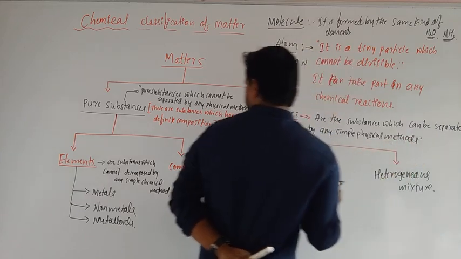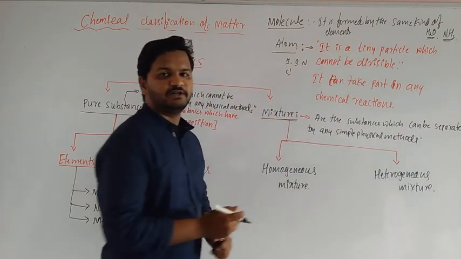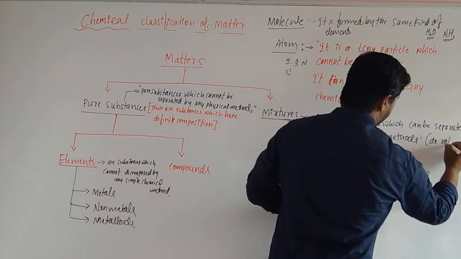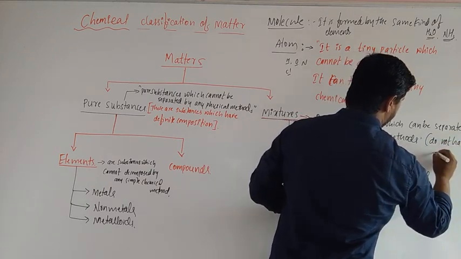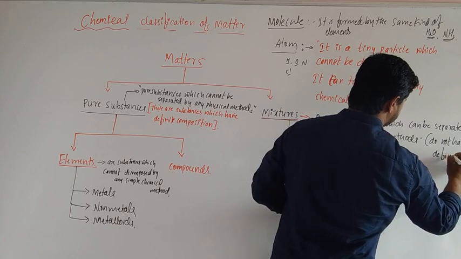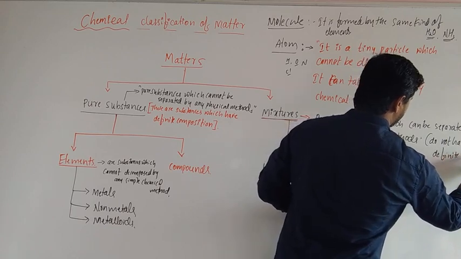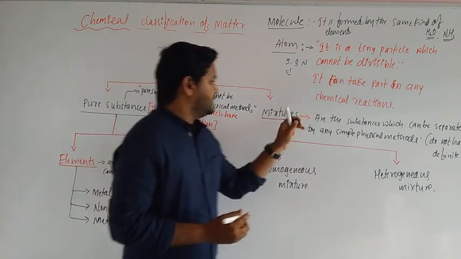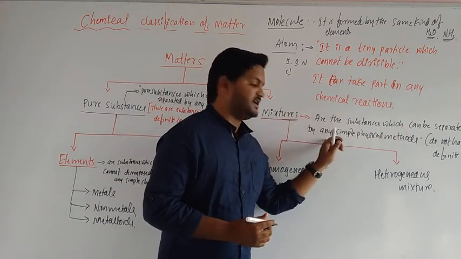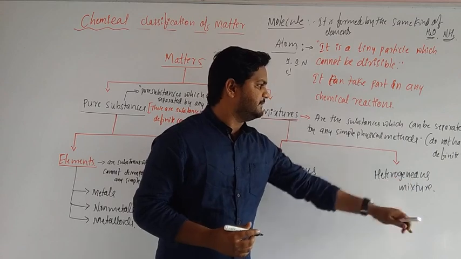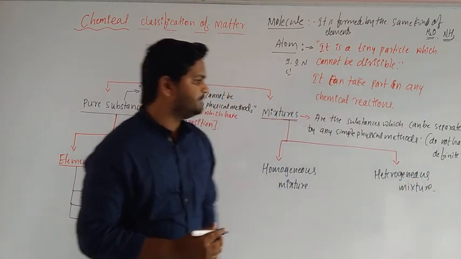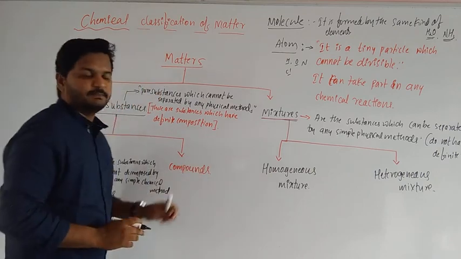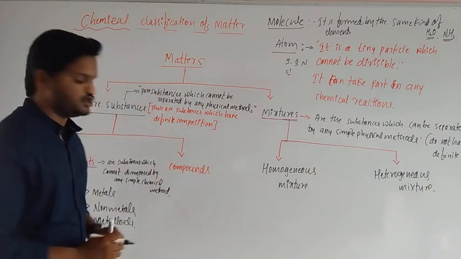And they do not have a definite ratio. Now mixtures are the substances which can be separated by any simple physical method, but they do not have a definite ratio. But compounds have a definite ratio.